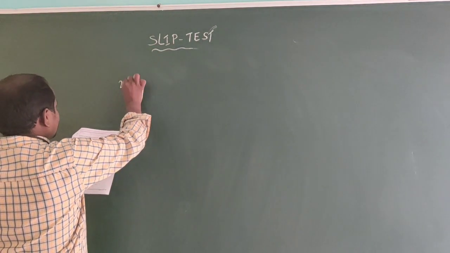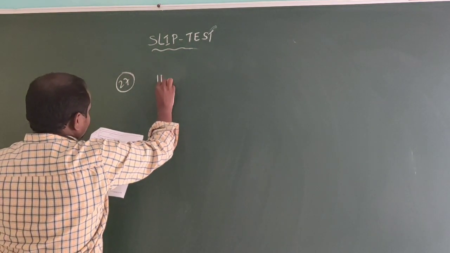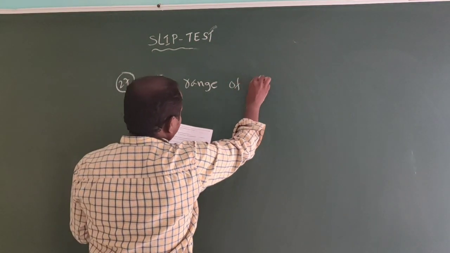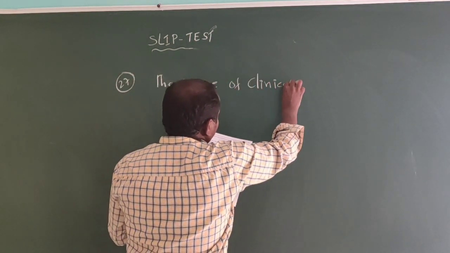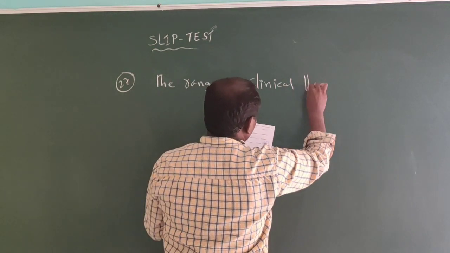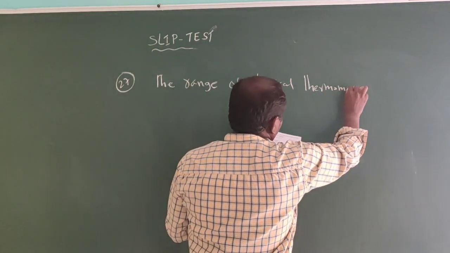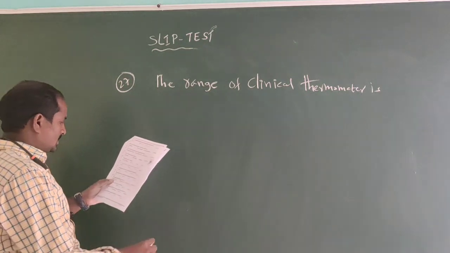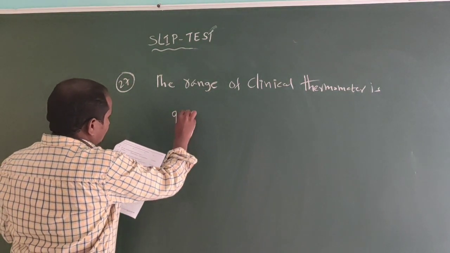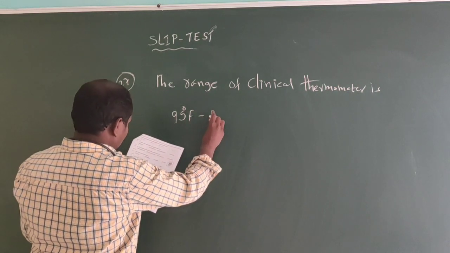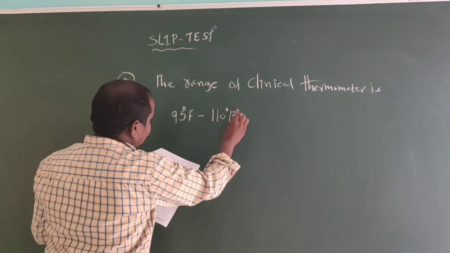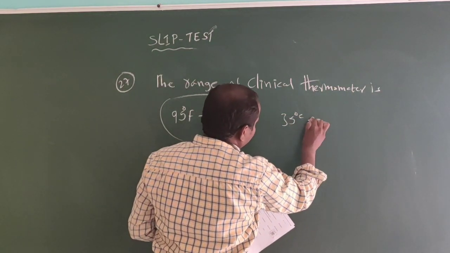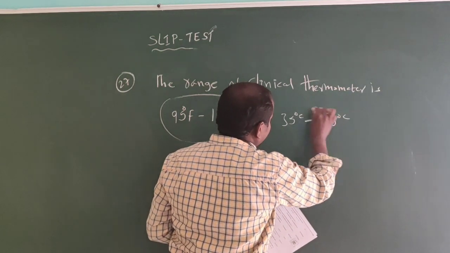The range of a clinical thermometer is 95 degrees Fahrenheit to 110 degrees Fahrenheit. In Celsius, 35 degrees Celsius to 45 degrees Celsius.